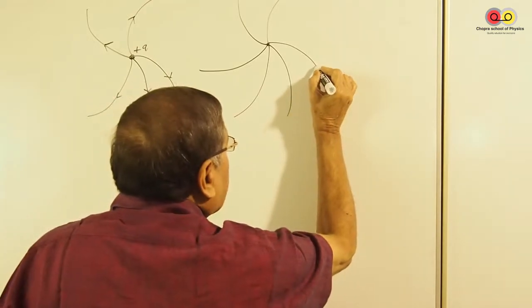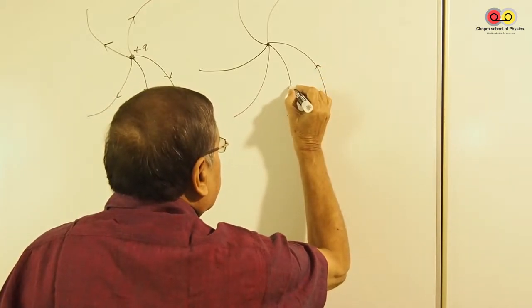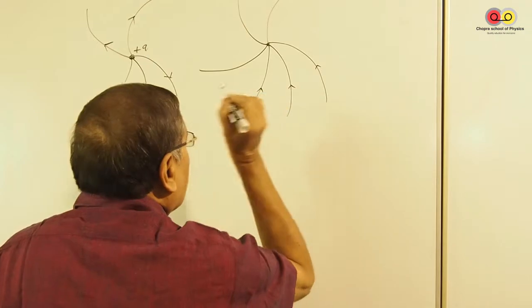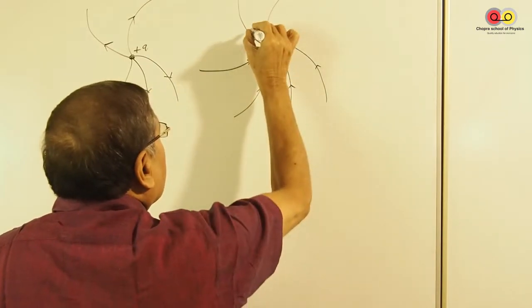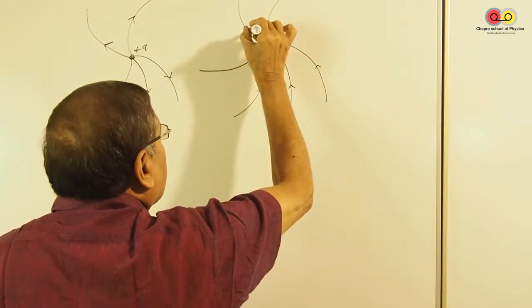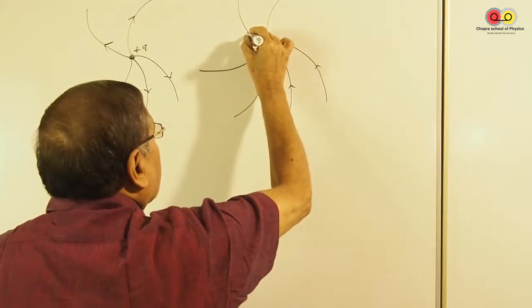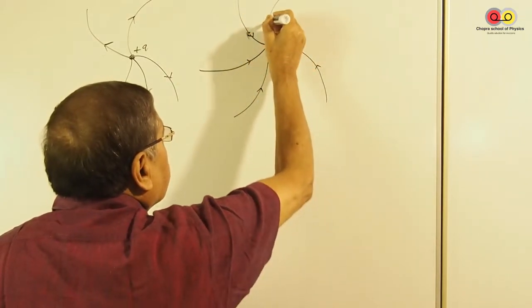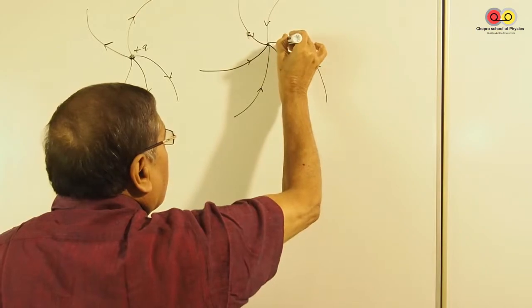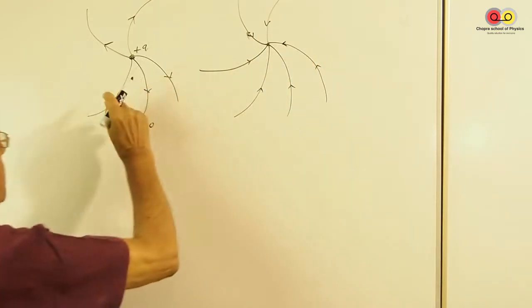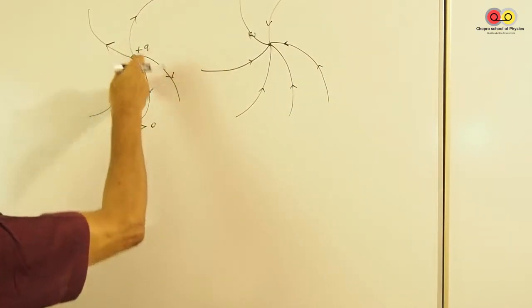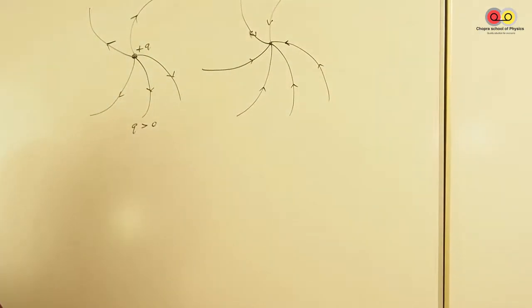And the arrows are inward, like this. So here, charge is receiving the lines of forces. In this case, the charge is emitting out, emanating the lines of forces.